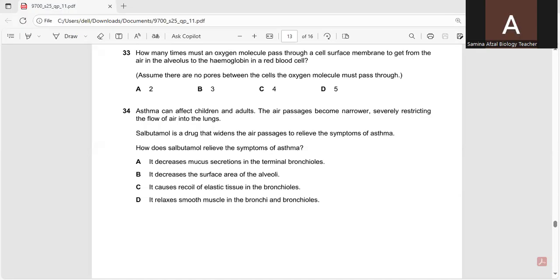Let me draw all this, an alveolus. This is an alveolus. Air, oxygen. And then I'm drawing the different layers.